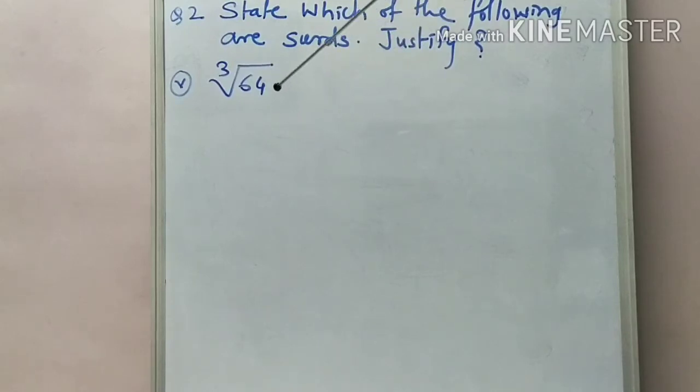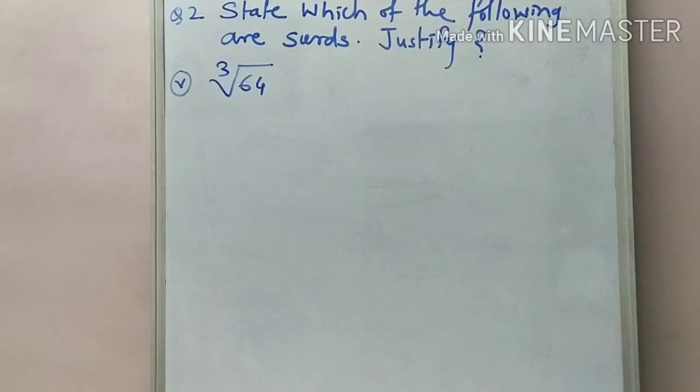Now we try the fifth one, cube root of 64. What we notice here is that the value of cube root of 64 is 4. Okay students, here you are not supposed to write all three conditions. Though n is 3, which is greater than 1, and 64 is an integer and rational number, the value is not an irrational number.